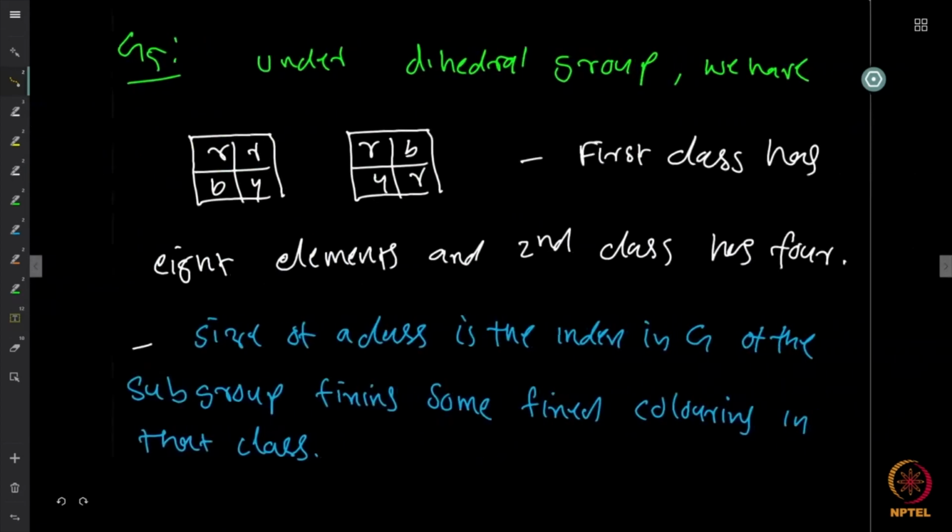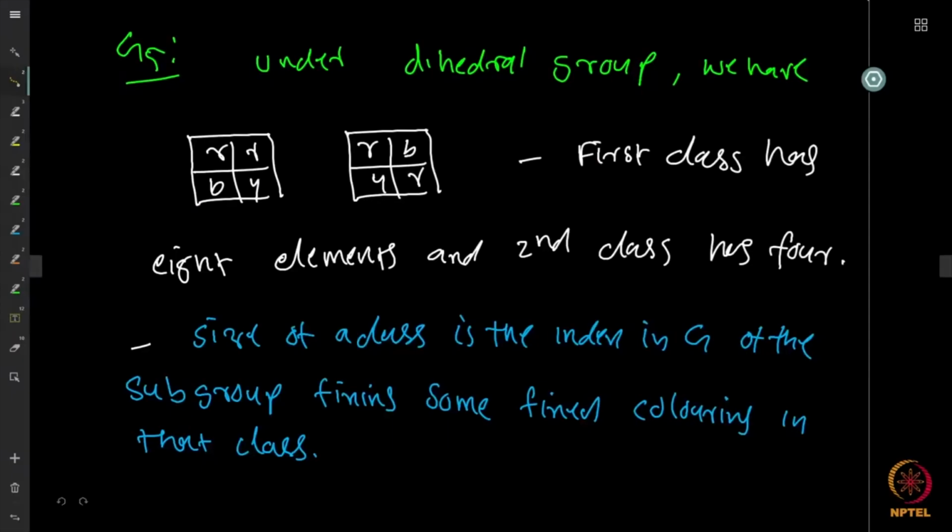Now G5 is the dihedral group. So under the dihedral group, we have only 2 classes. Okay. So the first class has 8 elements and the second class has 4 elements.